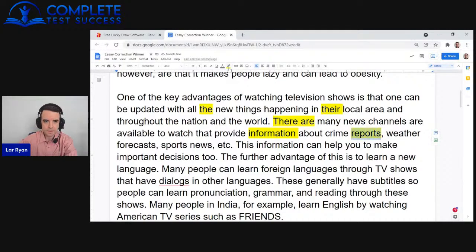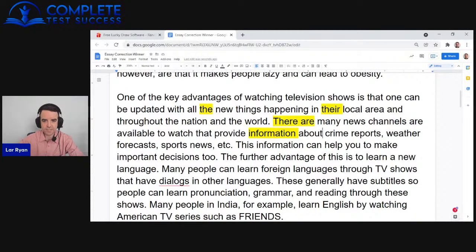Okay. I don't like the usage of etc. It's not academic. And the thing is, I understand that your list isn't every single possible type of information that's provided. So you don't need to state every example you can think of.